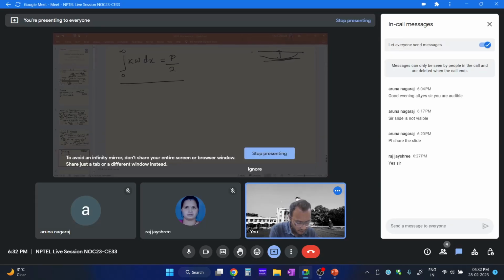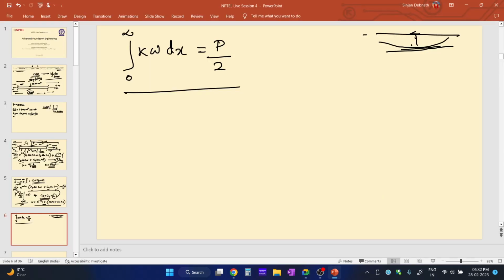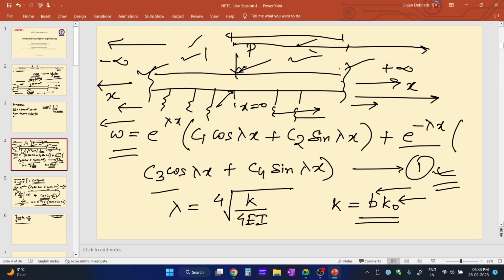Please let me know if you have understood this boundary condition. This is the reaction force from 0 to infinity, that is the right hand part, and that is being counteracted by P by 2, which is the half of the load coming at x equal to 0.